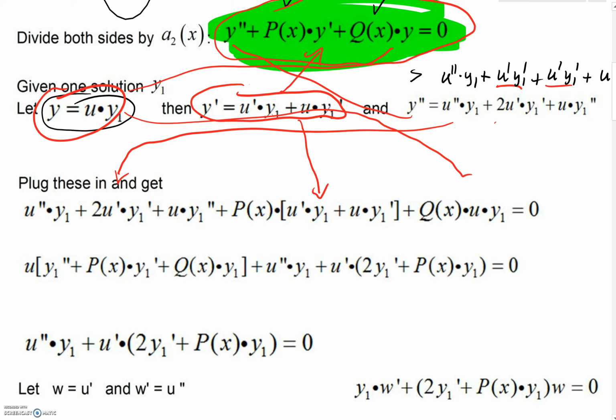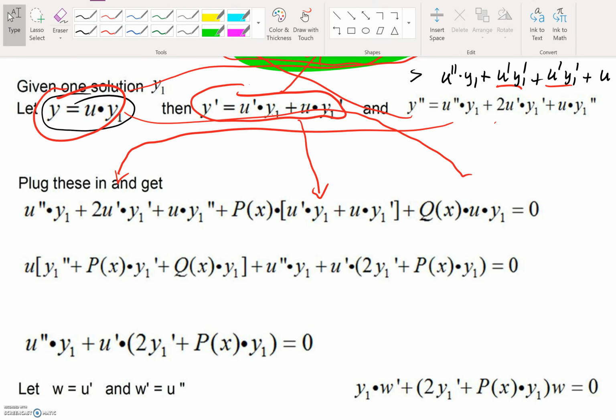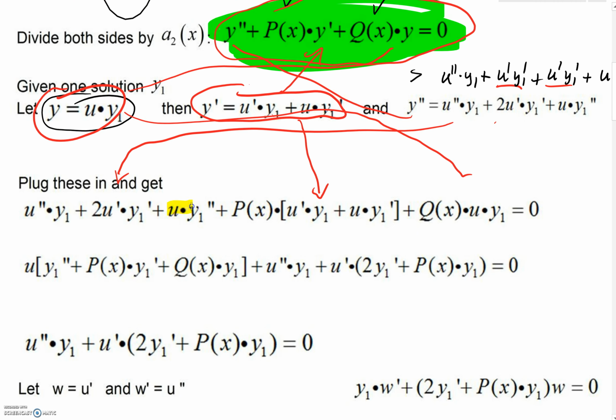But I do want to point this out to you. We could begin a search to say, well, maybe we could gather some like terms. Let's see if there is something with a u in it. By the way, we'd have to distribute a p of x in there. And it doesn't take too long for kids to say, well, everything that I've just highlighted in yellow would have a u in it.